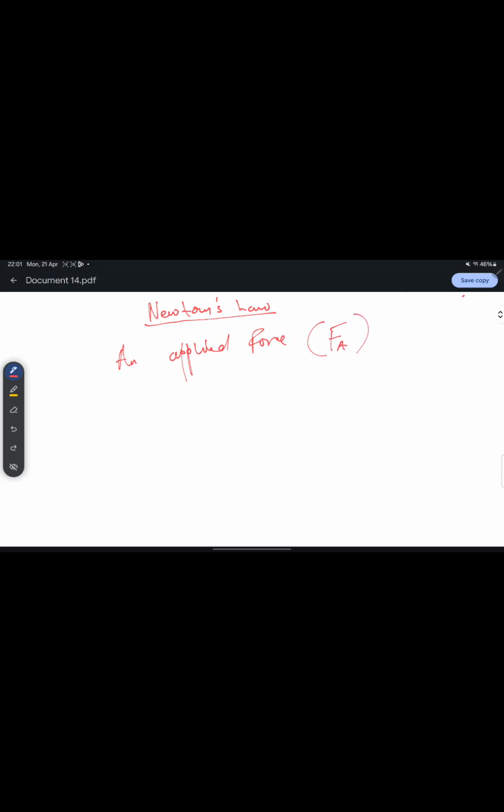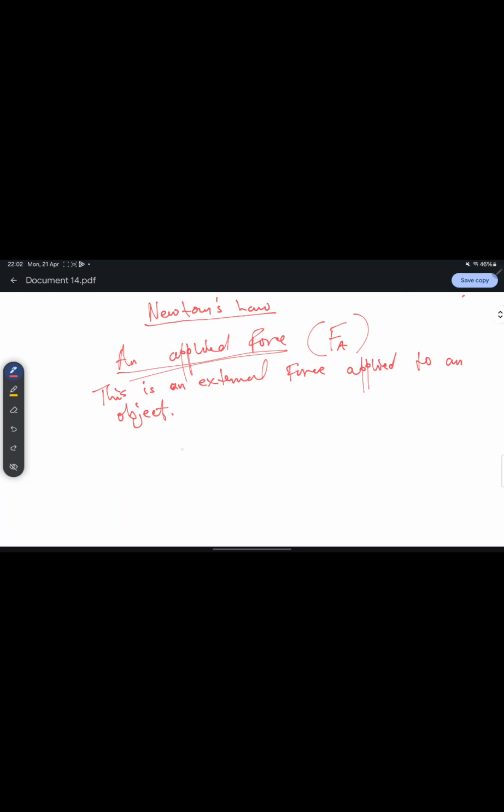It is the one that is being applied externally, so this is an external force applied to an object, because we are talking about an object here.